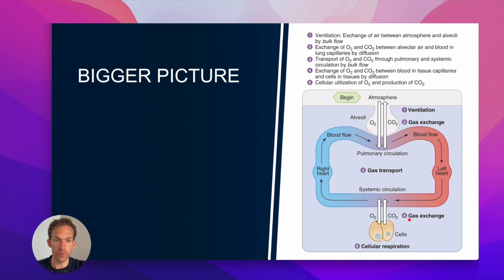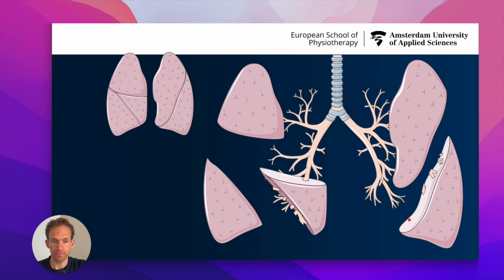And then the transport of O2 and CO2 is done by the circulatory system, by the heart that pumps the blood. And in the blood we have O2 and CO2 that can be carried to the cells and back from the cells to the lungs.